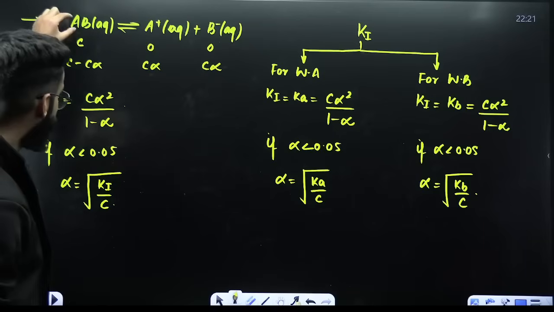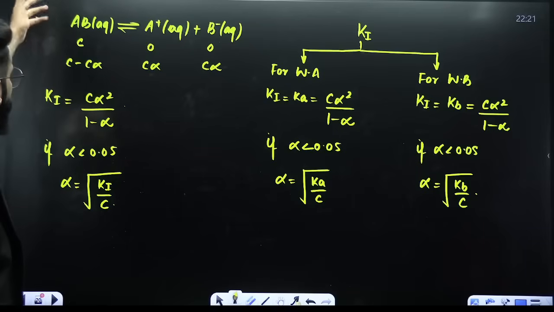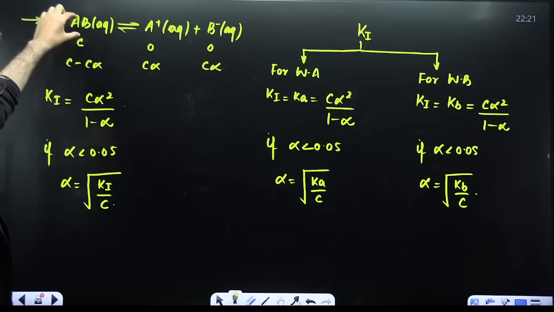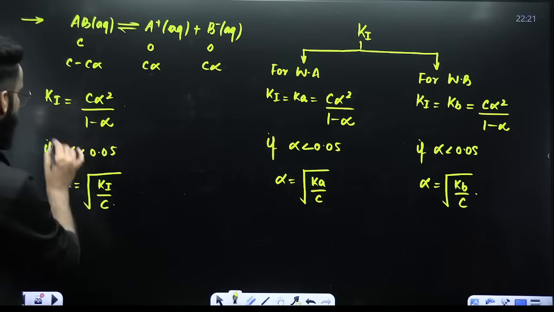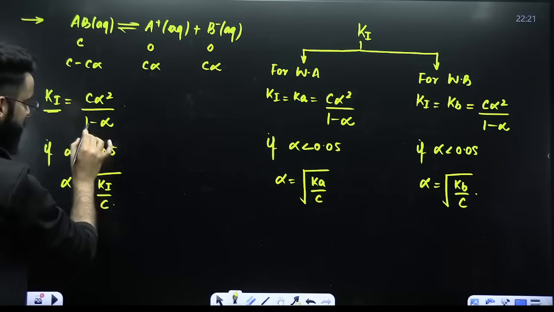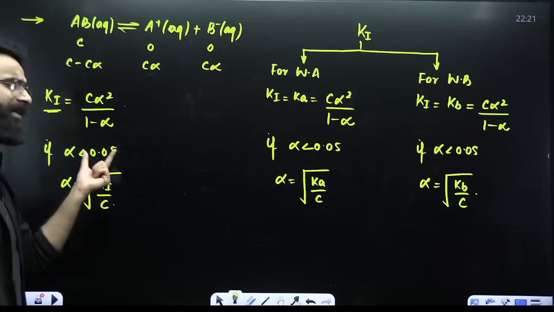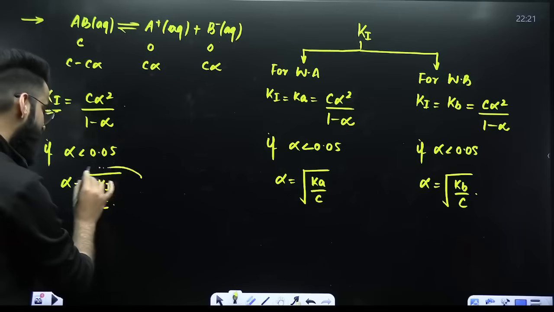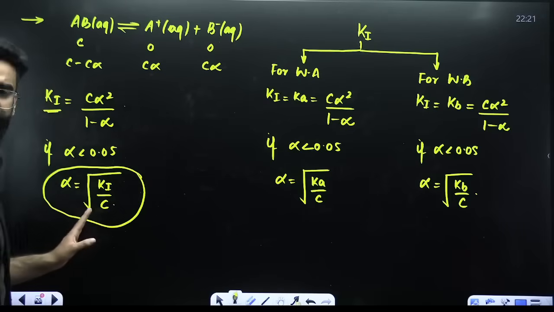Now, imagine this is a weak electrolyte. How do you calculate the ionization constant of the weak electrolyte, which undergoes a dissociation like this? It is C alpha squared divided by 1 minus alpha. And if alpha is less than 0.05, this is the way by means of which you can calculate alpha, right?